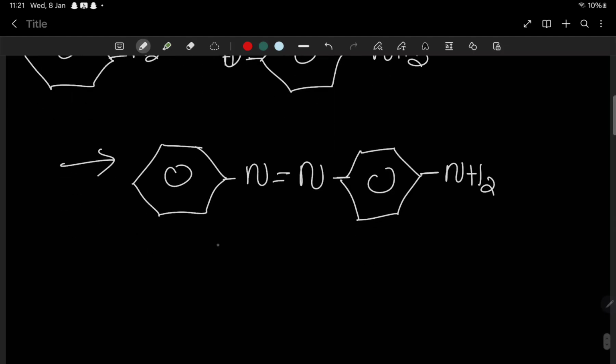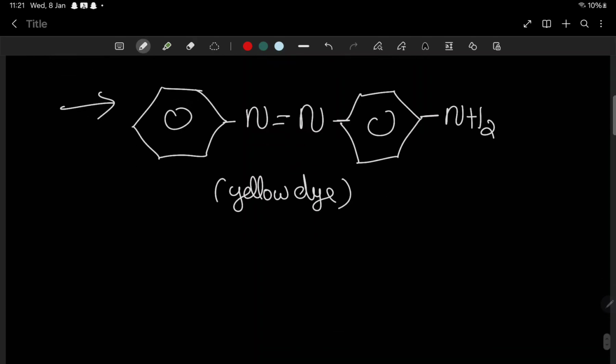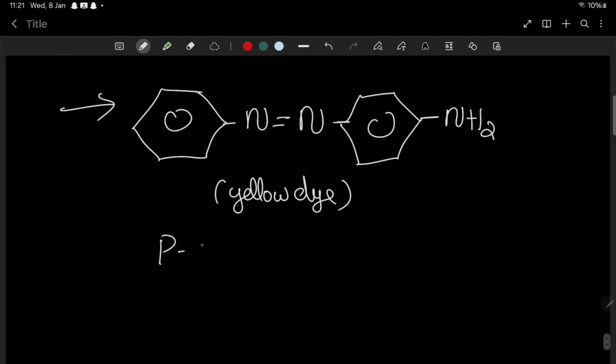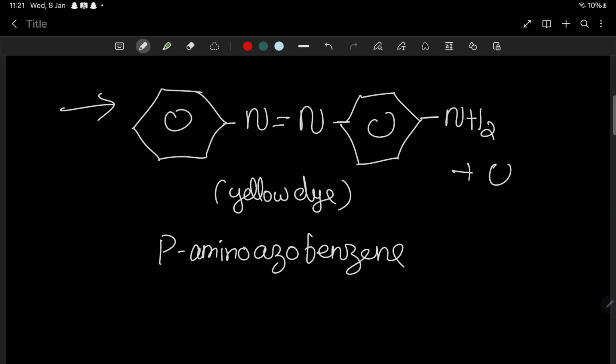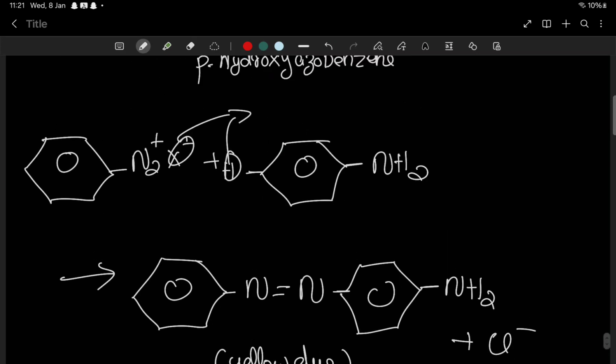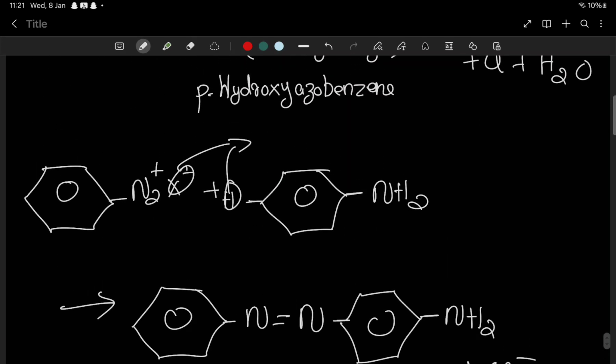This is a yellow dye. The name of the dye is para-aminoazobenzene, plus the corresponding Cl minus plus H2O. Okay. Only these two coupling reactions are there in your book, so we'll just learn these two. Learn the color: if it's phenol, it's orange; if it's an amino group, it's yellow. That's important.